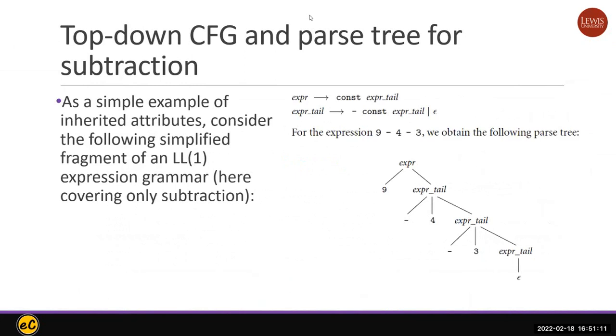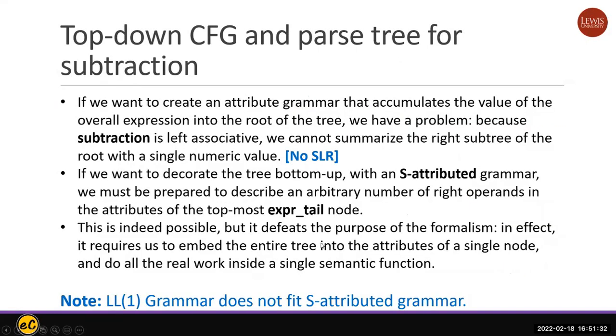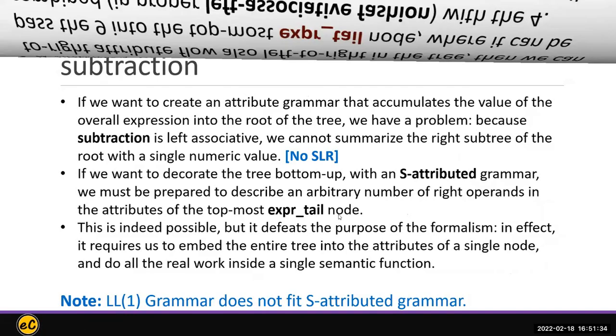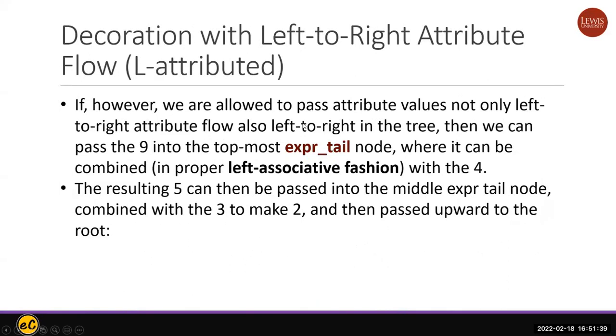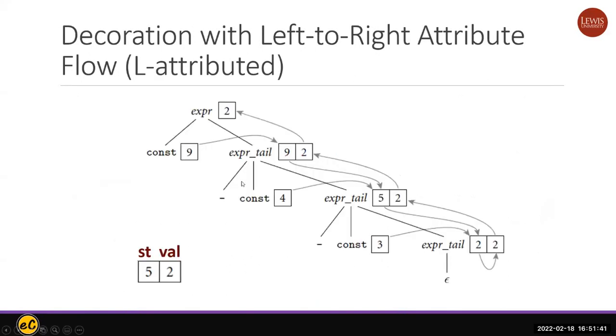But now you can pass the 9 to here, and it will work, okay? If it's an L attribute, you can pass from your sibling to it. If you use the S attribute, you just evaluate from the bottom up, and this one won't work. But the L attribute here will work. So the S attribute doesn't work in this LL1 grammar case, but the L attribute actually works.